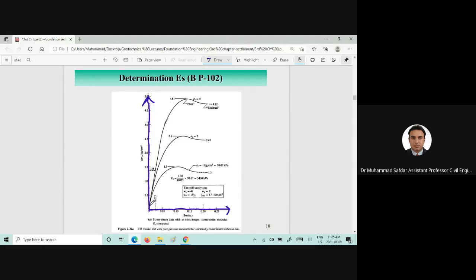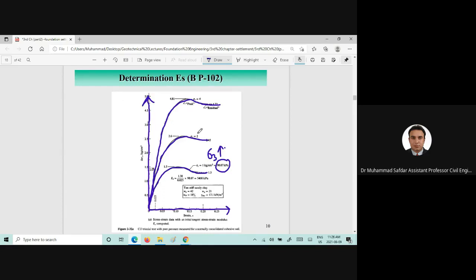For example, if the confining pressure provided here is approximately 100 kilopascal, and I would call that 250 kilopascal approximately, and 470 kilopascal approximately. So as the sigma 3 is increasing, the stress strain behavior is also increasing, or the peak strength is also increasing.